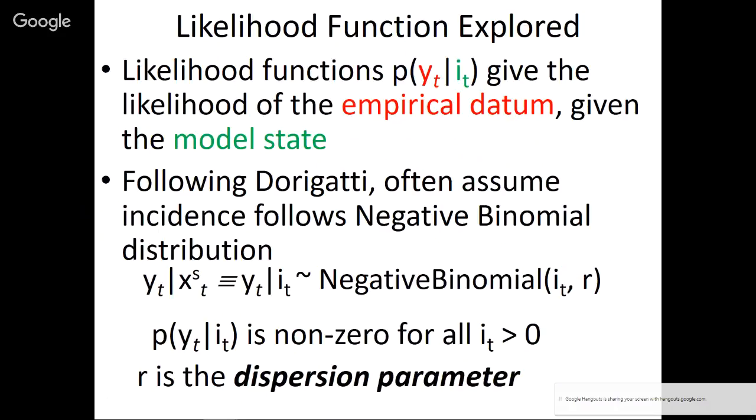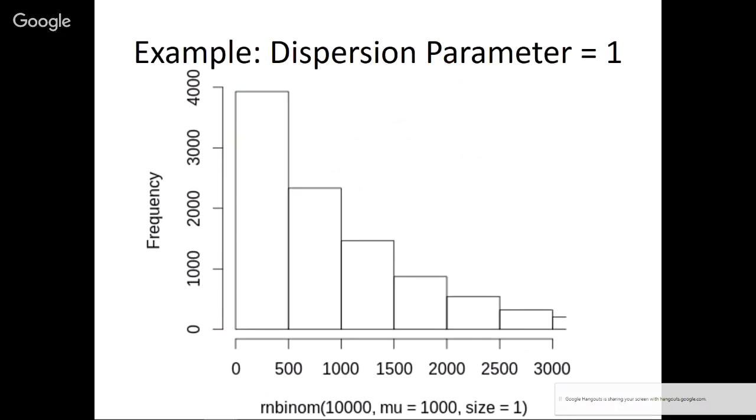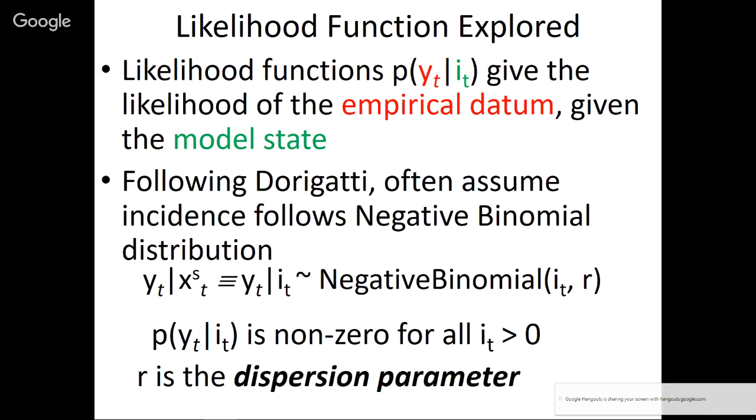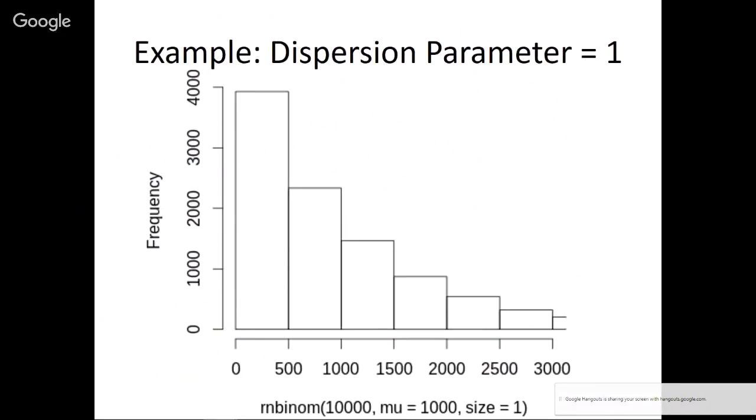For much of our work, we have followed work by Dorigati et al., actually in the MCMC context, but we've successfully used this across many case studies, where we assume a negative binomial distribution. That negative binomial distribution is associated with a dispersion parameter.